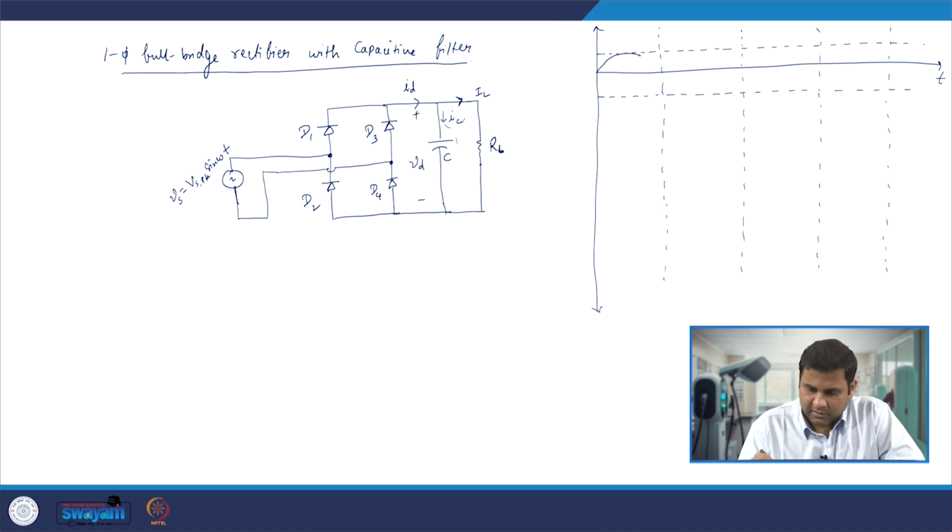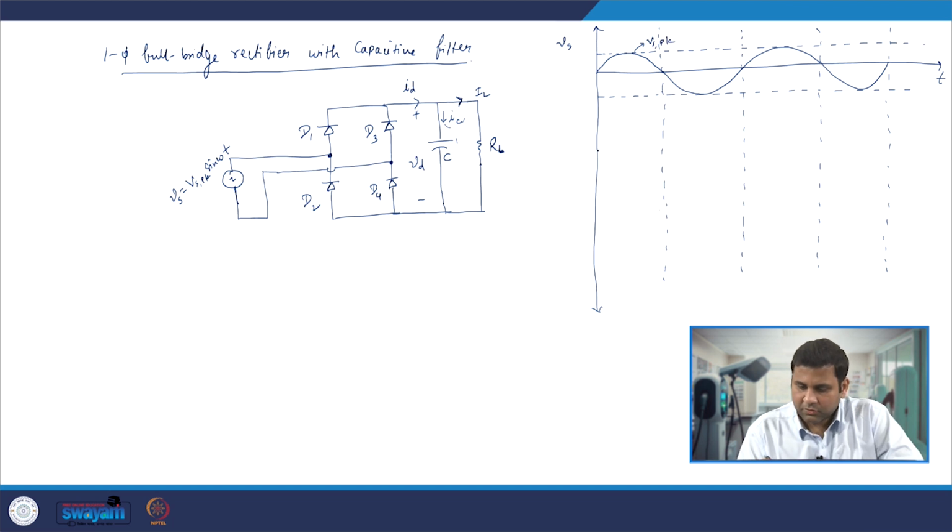It has a sinusoidal variation with respect to t. This is my Vs, and its peak value is Vs peak.